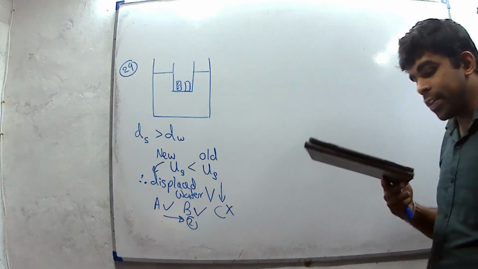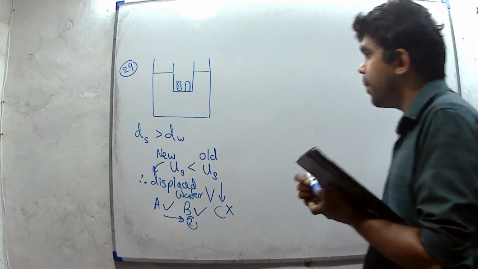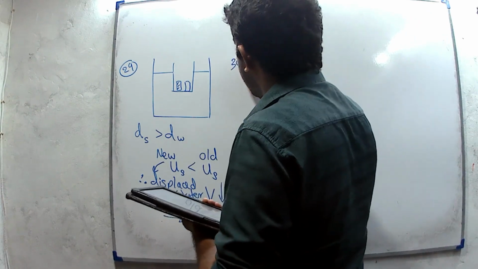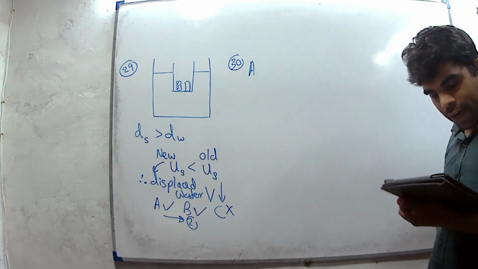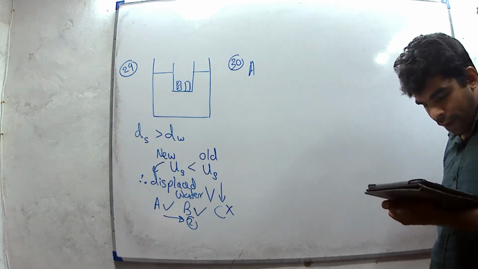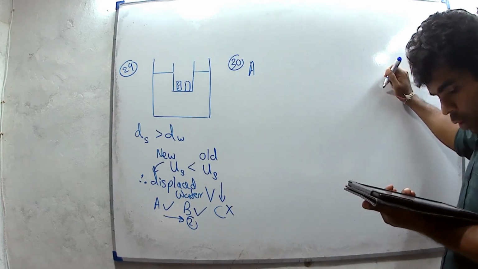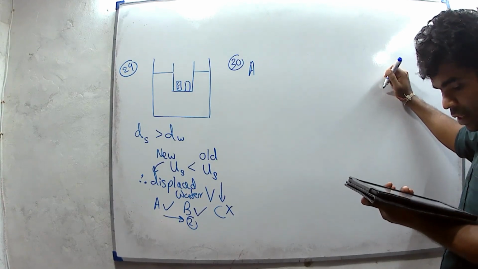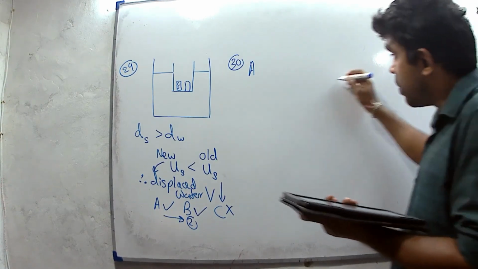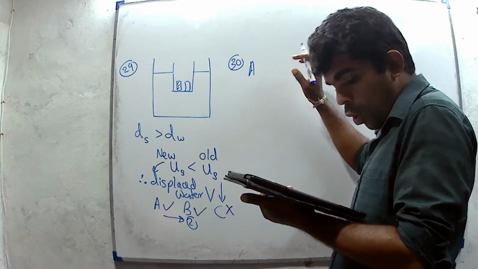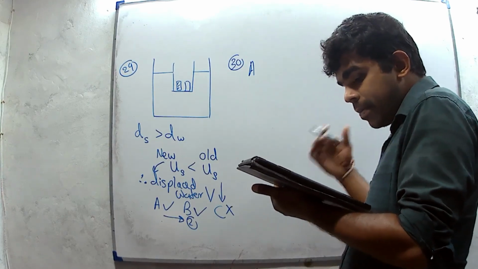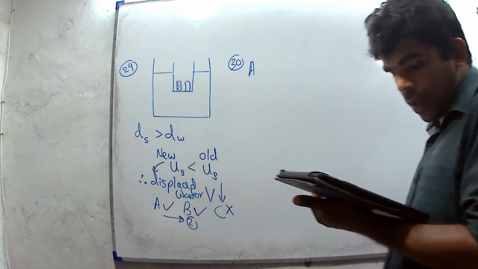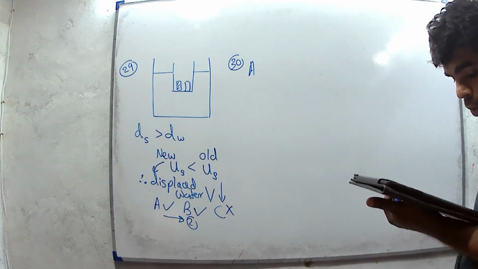They have given in the first statement, statement A, density of 1 is less than density of 5, ρ5. Yes, we know that the ρ1 object is in the upper medium, therefore its density should be less than ρ5.